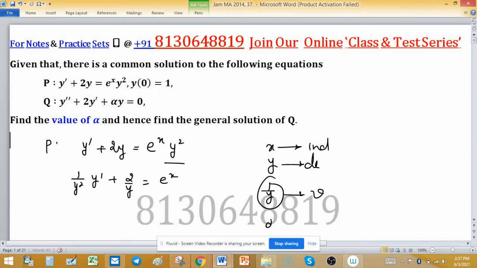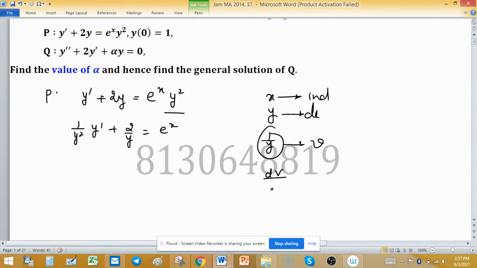So dv upon dx is equal to minus 1 upon y square dy over dx. So we have the value, and using this we can write 1 upon y square dy over dx equal to minus dv over dx.